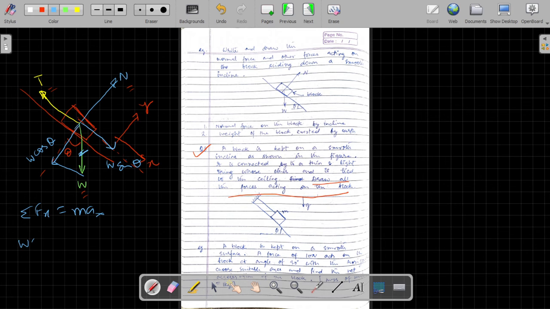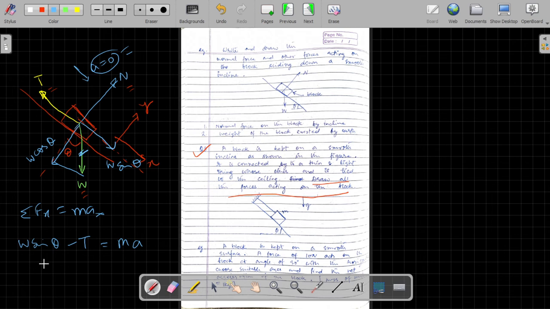So w sin theta minus tension is equal to mass times acceleration of the block along x-axis. But the acceleration of the block along x-axis is 0. As the block is tied by a string, it is unable to move along the incline.